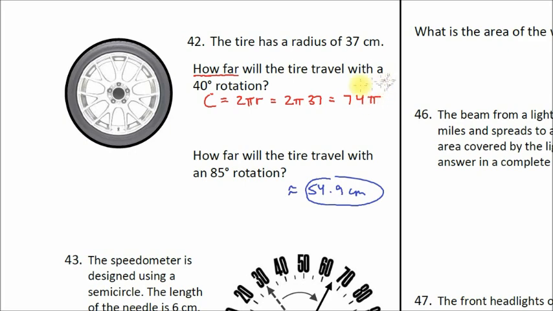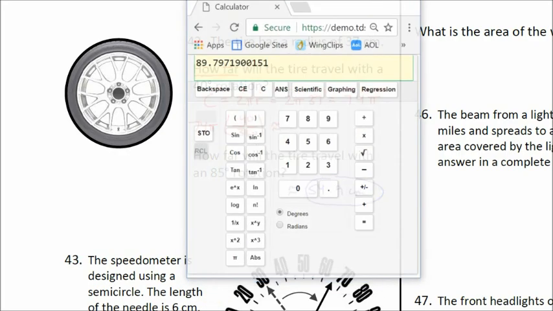So circumference is 74 pi. And then we are only going to move 40 degrees out of a total of 360 degrees. When you put that in your calculator, you're going to get, let's actually do this one.